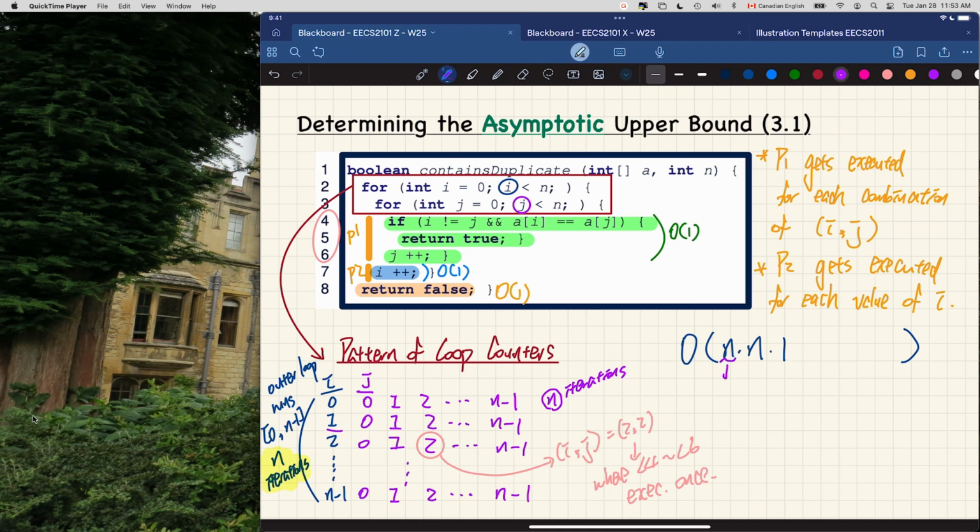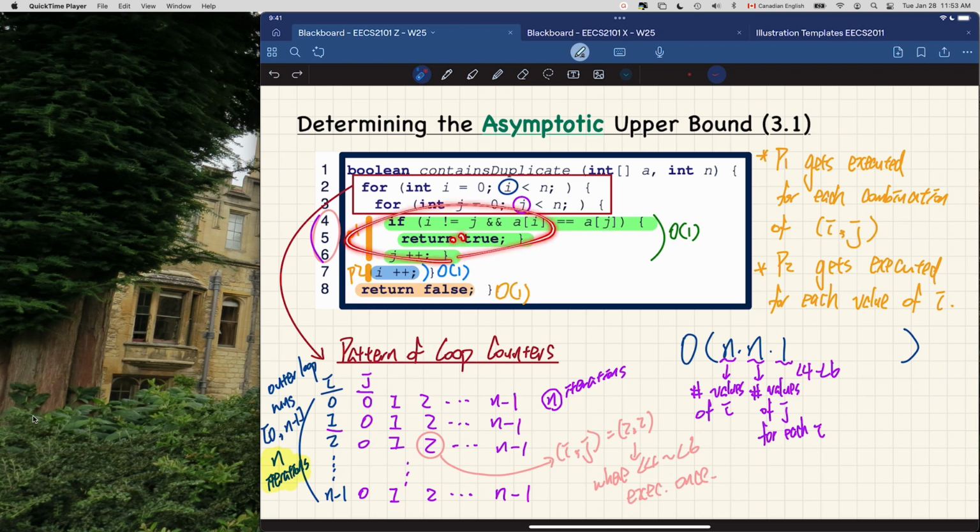The n here is about the number of values of i, and the n here is about the number of values of j for each i. And the 1 here is about line number 4 to line number 6, each time. So we calculate approximately the number of primitive operations here. And what about phase number 2?